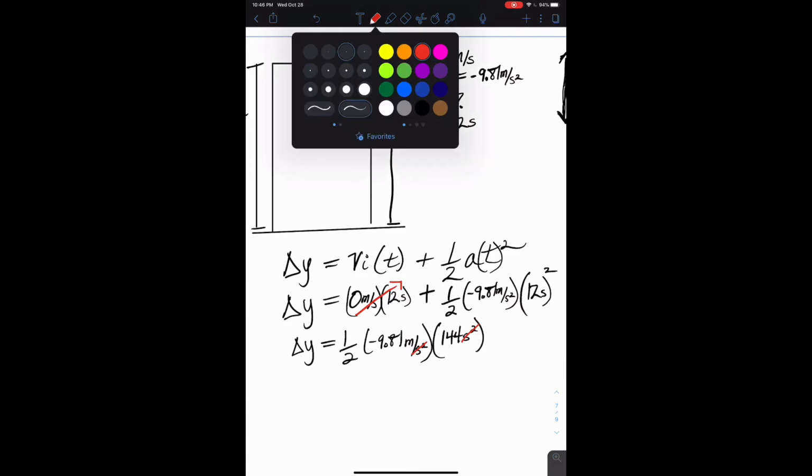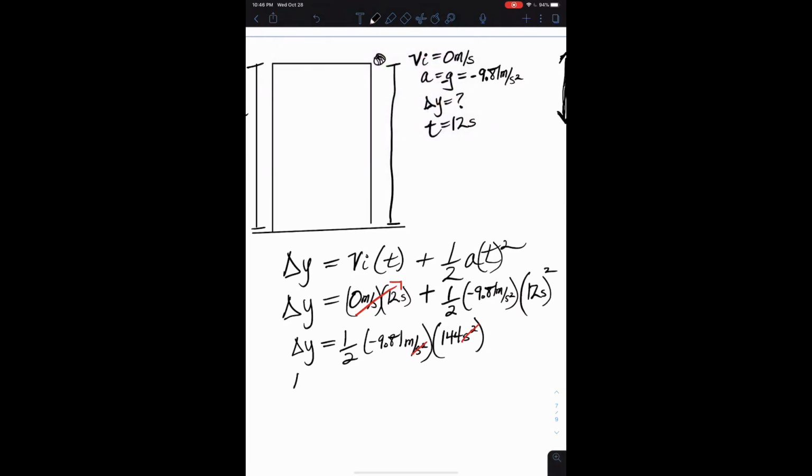Let's simplify this a little more. Half of negative 9.81 is negative 4.905. That's going to be meters. Then we've got to multiply that by 144. I can't do this in my head. I can probably take a guess at it, but I can't do that math in my head.